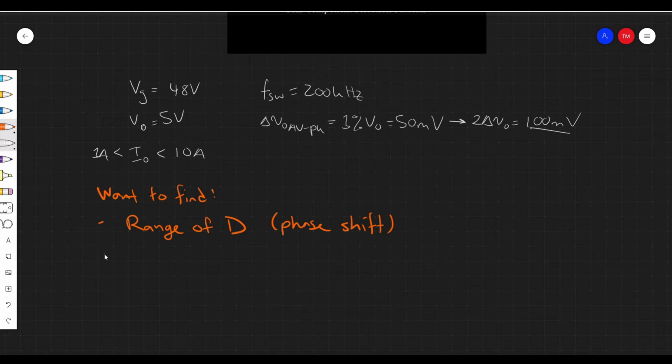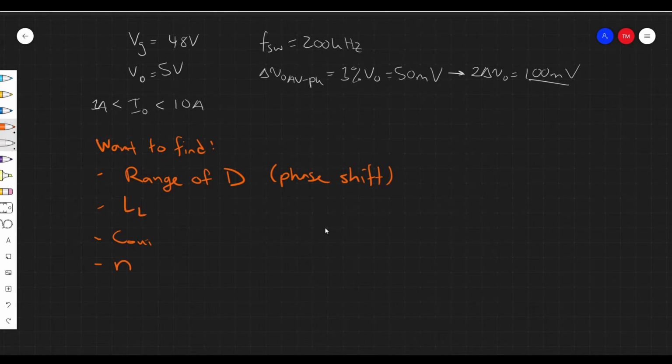We also want to know what the leakage inductance, L leak, or it doesn't have to be leakage, but the inductance that we're using in this converter. We want to know how big this should be in order to provide the necessary power. We also want to know what the output capacitance, C out, is, and we also want to know what the turns ratio of the transformer is, if we have one. It's not always required. So this is what we want to find.